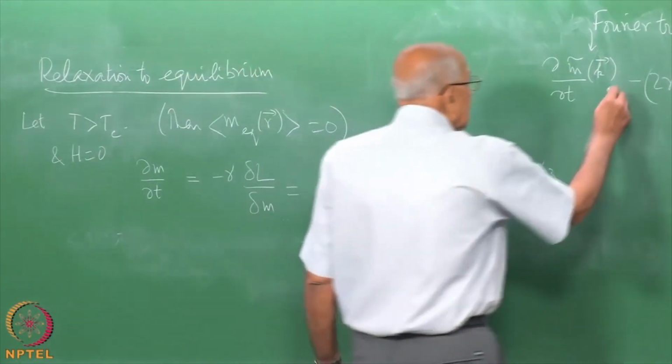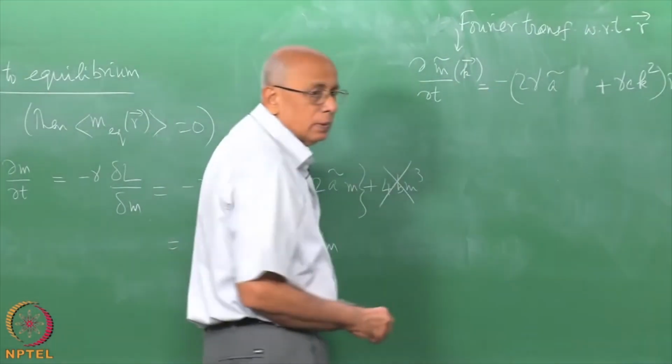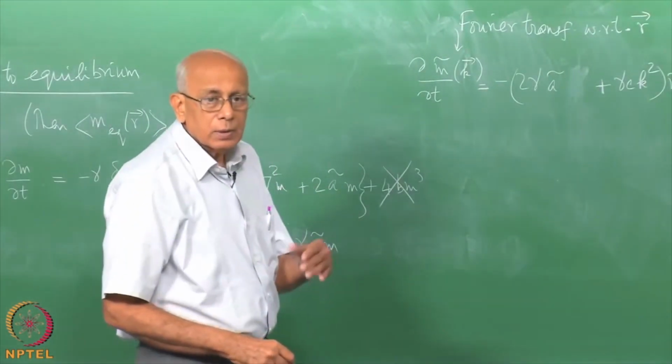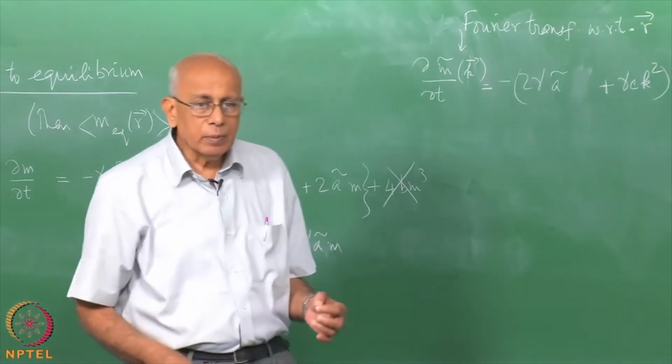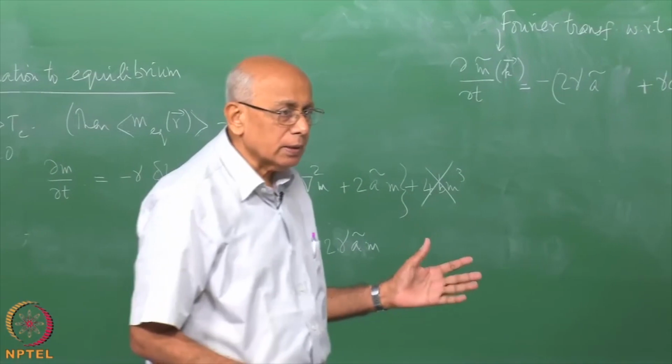So this quantity is equal to, leaving out the nonlinear term, for small deviations from equilibrium, the linearized equation gives me this.